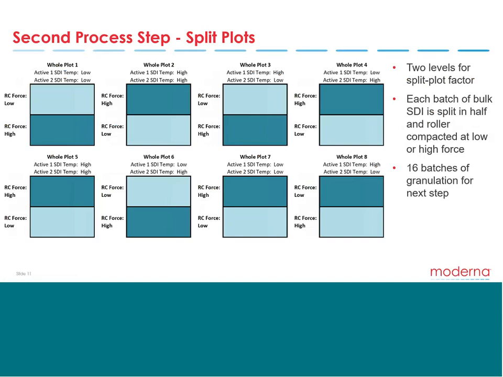So now I have these 8 batches of material that were created in the last process step, and I'm going to split each one of those into 2, and I'm going to make granulation by running half of that batch through a roller compactor at low force and half of it through high force, and I'm going to randomize that for each batch. So now at the end of this, I end up with 16 batches of granulation to press into tablets at the next step.